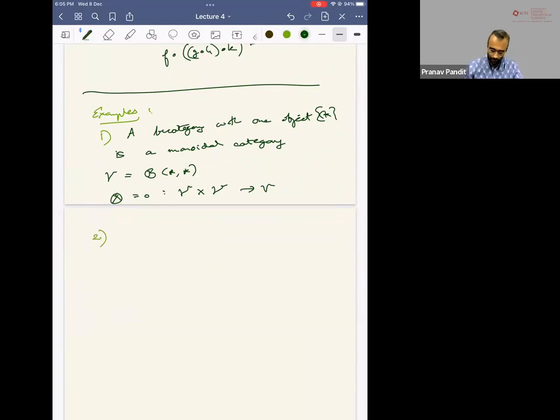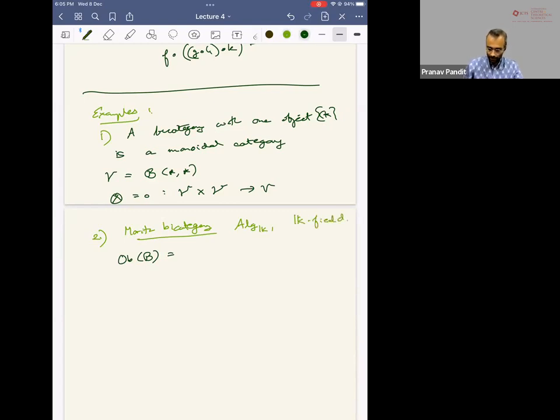A very important one is called Morita theory, the Morita bicategory. So fix some field K, and call this Morita bicategory Alg K, where K is some field. You can do rings and so on.